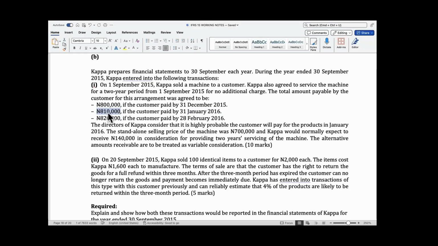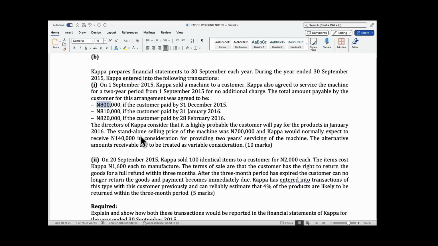So even though the 10,000 we can describe as a variable consideration, altogether the money we're expecting is 810,000. The increase from 800 to 810, that additional 10,000, is a variable consideration because it's varying because of time. And that's it. It's the total money, 810,000, that goes into our books as revenue.